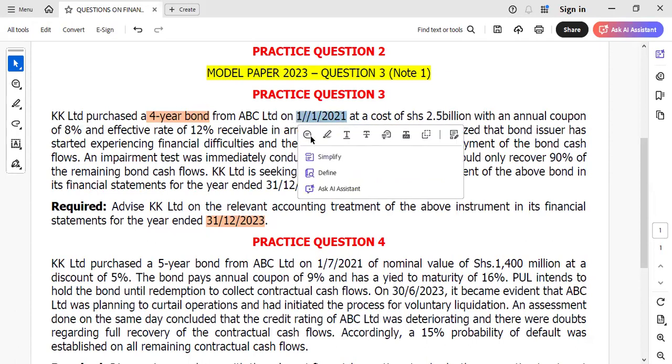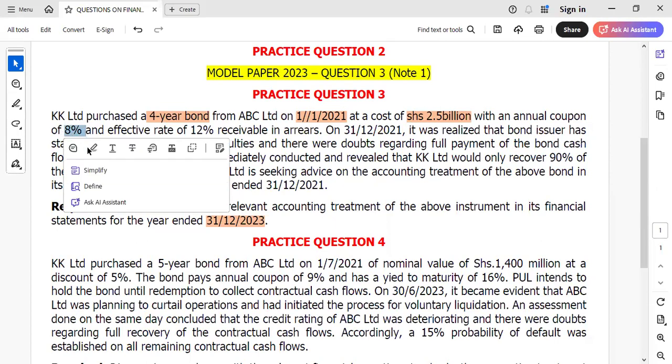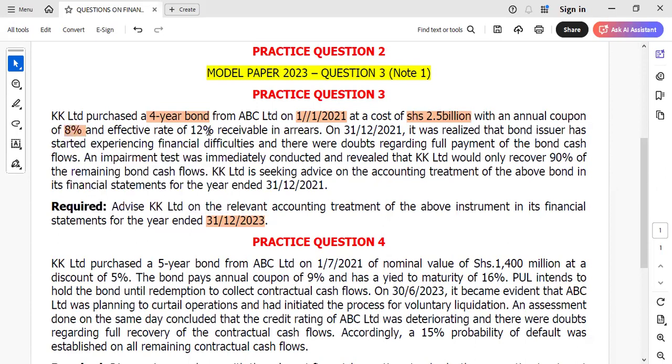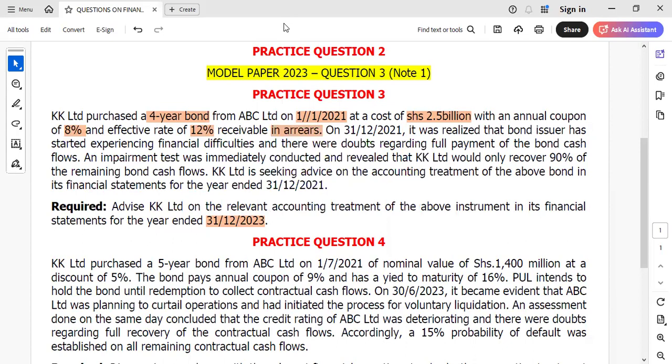Also, it is very key, at a cost of shillings 2.5 billion, with an annual coupon of 8% and an effective rate of 12%, receivable in arrears. Sometimes it can be receivable in advance, so it's also something you must know.